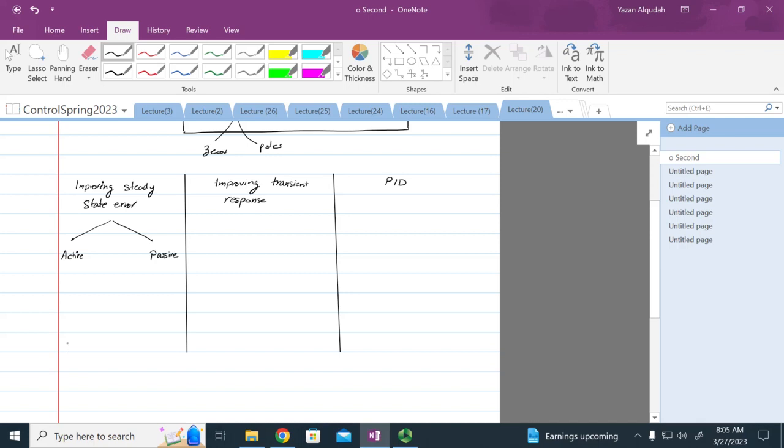If we are using an active device, we'll be able to design what we call a PI controller, which is a proportional and integral controller. And if we are using a passive circuit, we're going to be designing a controller that we call a lag compensator.